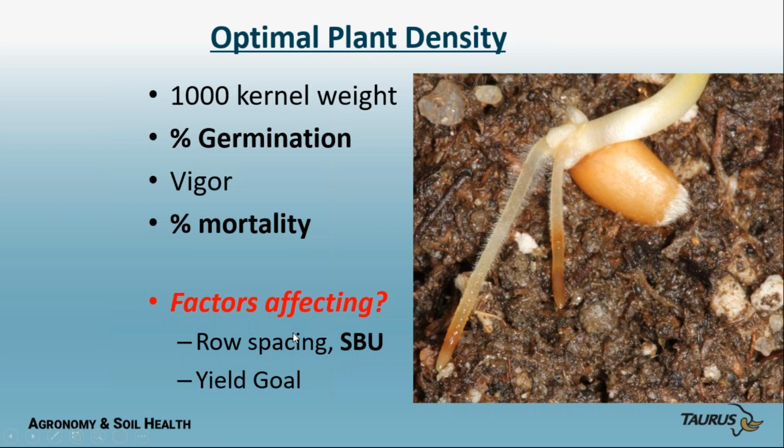And row spacing can make a difference. If you go to a 12-inch row spacing, which many are doing, you start restricting how much you can put into the seed row. And if you think about it, if you're going to 12-inch row spacing, you're targeting, make it an easy number, 36 plants per square foot. That means you're putting 36 seeds in a foot.